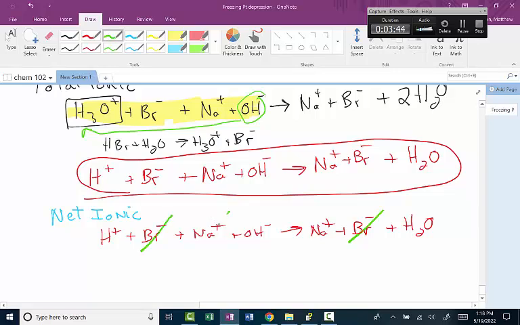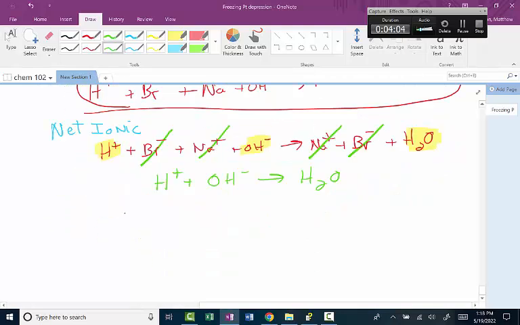There's a sodium on both sides. And so my net reaction becomes H plus OH minus to yield water. And so the net ionic is H plus OH minus yields water. Or if you did it this way, H3O plus OH minus yields 2 waters.